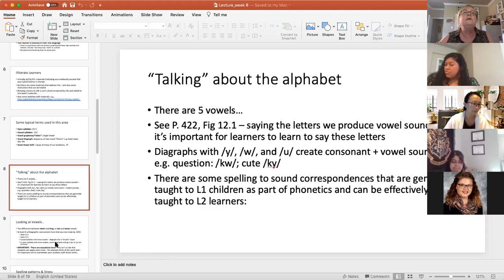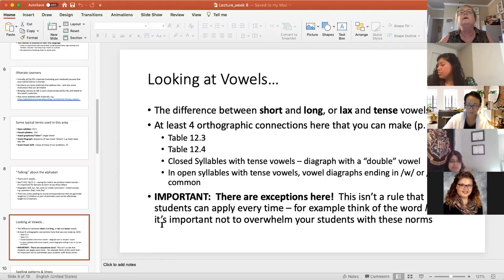So these are tables 12.2, for example, where you have the letter A that goes with a, cat, and the letter E that goes with met. Okay, some of those correspondences that you teach children and that you can teach here too.